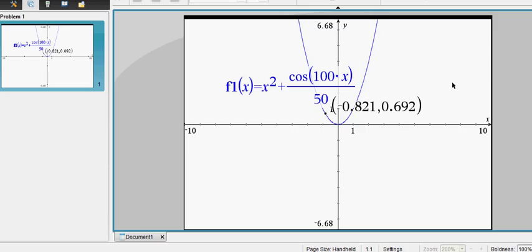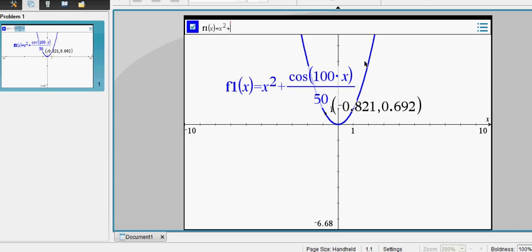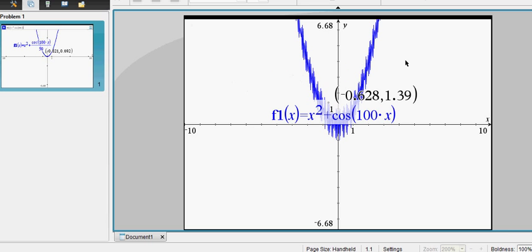But if I don't tell you it's x squared, you don't know that it's x squared. And if you start doing calculus thinking that it's x squared, you might find yourself in a heap of trouble. It is also somewhat interesting to note that if instead of over 50, I just do that, that graph is a mess. Just something to think about.